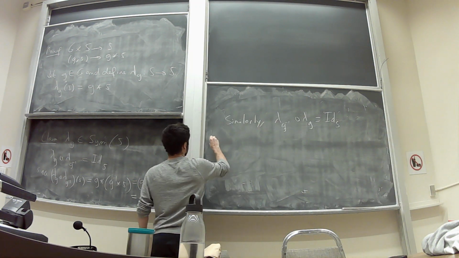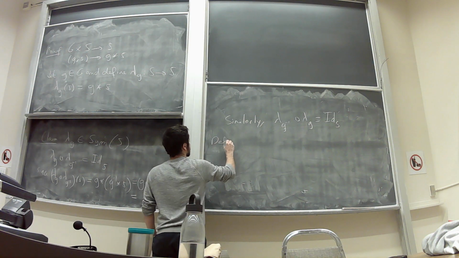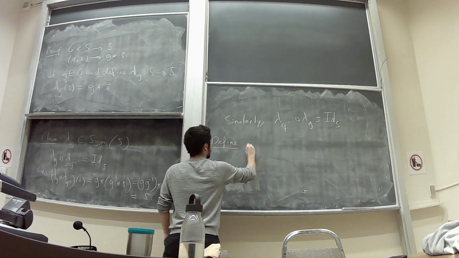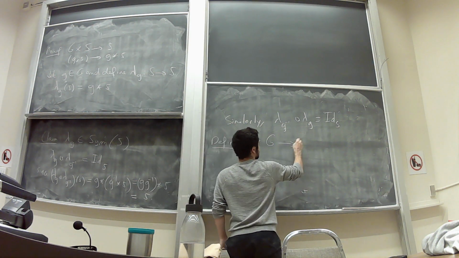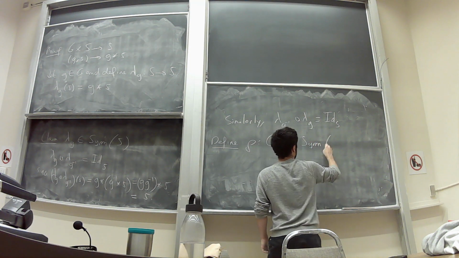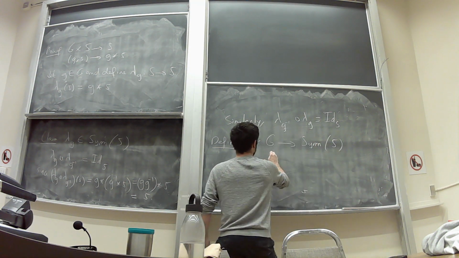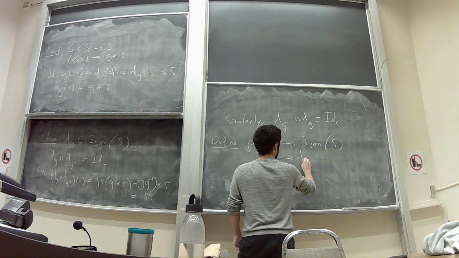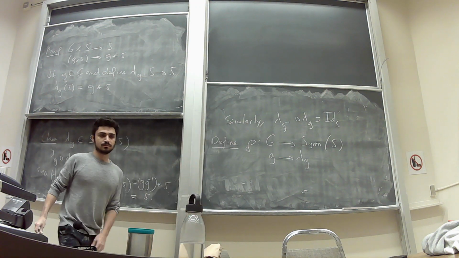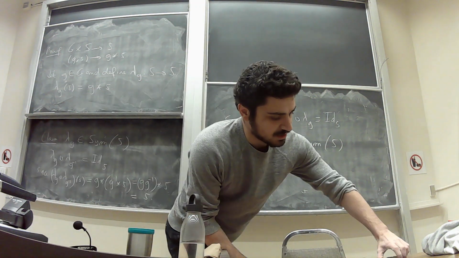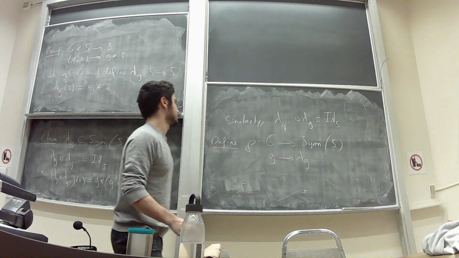Now define a map rho from G to the symmetric group on S that sends little g to lambda g. I claim that rho is a homomorphism.